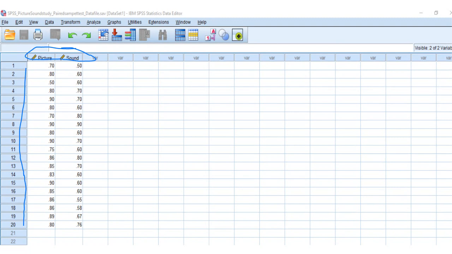In this case it is a within-subject design, so in the variable view you have picture as one variable and sound as one variable, as levels of the factor. And so you would have the data for the picture condition and the data for the sound condition. And you have two levels, and then you have a factor.